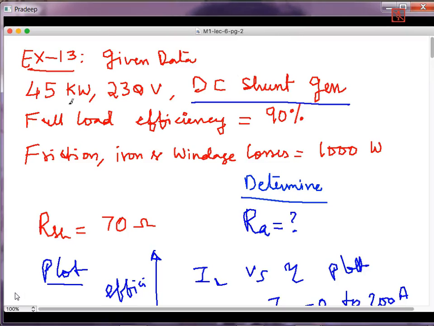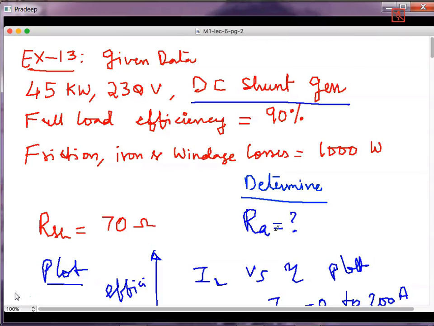That is the DC shunt generator rated output, and 230 volts is the rated terminal voltage, and the full load efficiency is 90%. Friction, iron, windage losses are 1000 watts. And the shunt field resistance is 70 ohms, and armature resistance was asked.